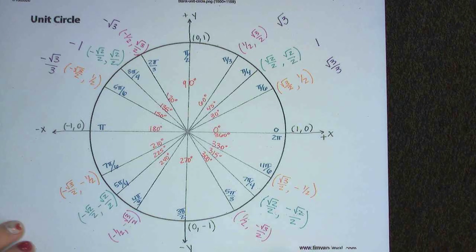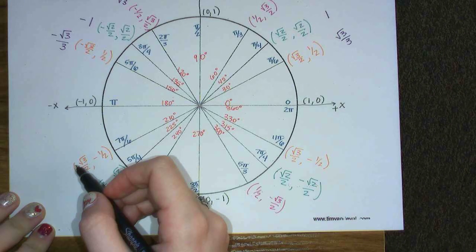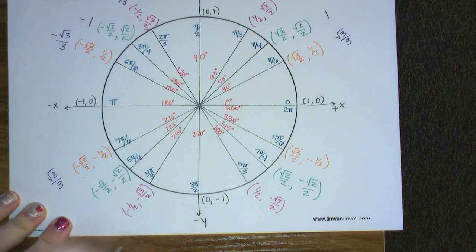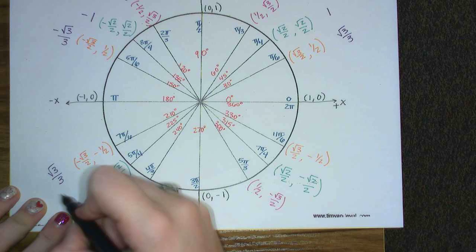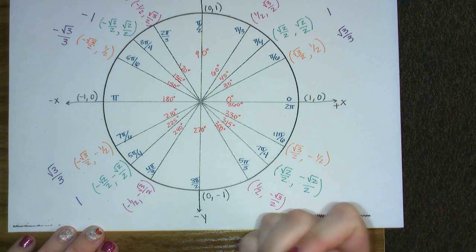Down here, again, skip the axis. We'll come back to it. Root 3 over 3. Okay, 1. And then the square root of 3.